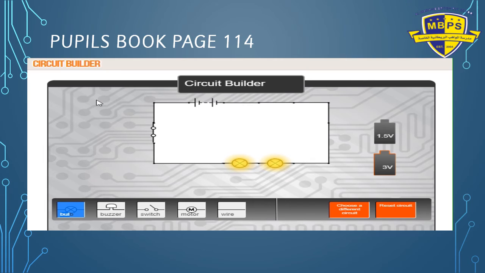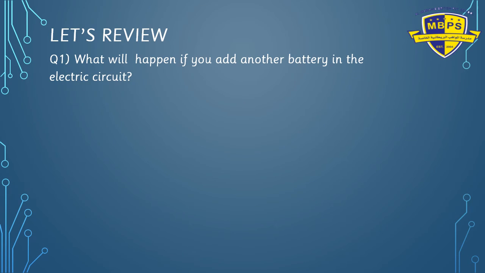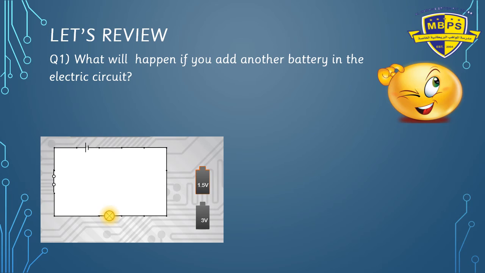So is it understood, grade 5? Let's review. What will happen if we add another battery in an electric circuit? You already have one battery of 1.5 volts, and there is a switch and one lamp and all the wires are connected. If I add another battery in the electric circuit, what is going to happen?